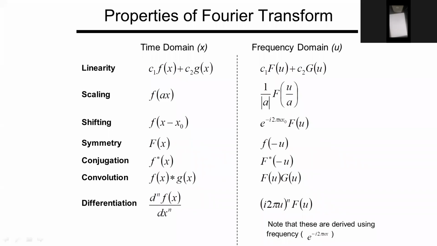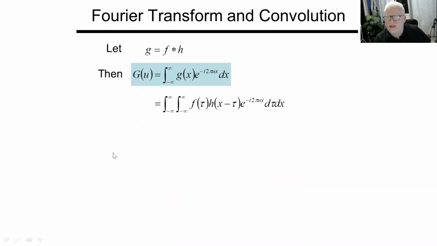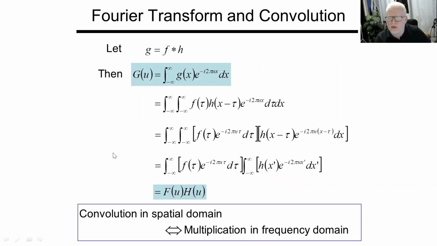So let me now return back to my slides. Okay, and then let's rethink about the conclusion. Now, this is the derivation I just made together with you, and then this is the conclusion. Convolution in a spatial domain equals multiplication in the frequency domain, and vice versa.